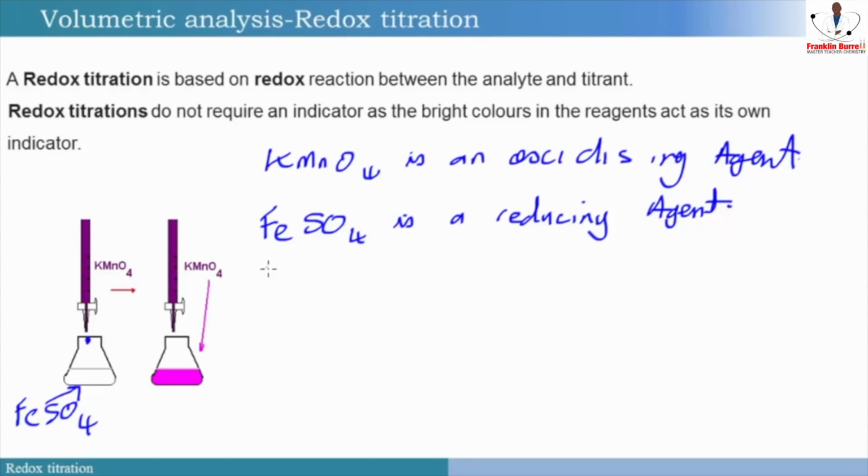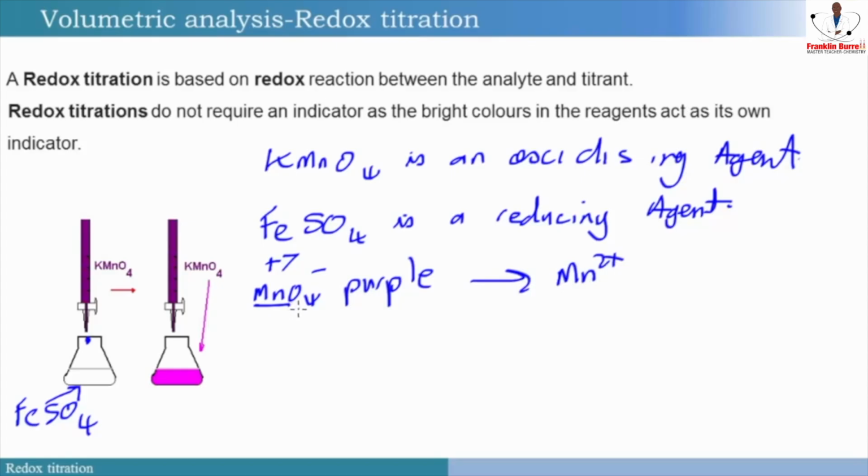So what happened? MnO4 minus is purple. So this is responsible for the purple color in KMnO4. It moves to Mn2 plus, which is colorless. So Mn here comes with a +7 oxidation number, and it moves to Mn2 plus.